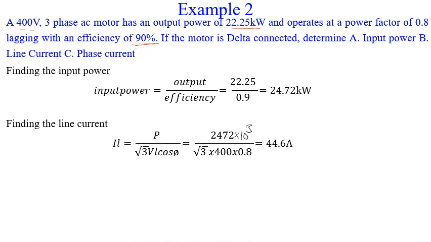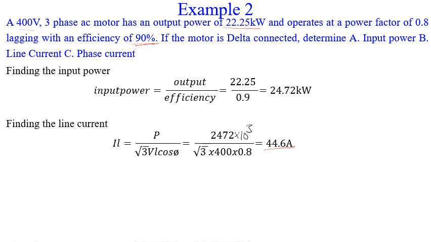So it becomes 24.7 times 10 to the power 3 divided by root 3 times 400, where 400 is the voltage, times 0.8, which is cos phi, also known as the power factor. Doing that, we get our line current as 44.6.